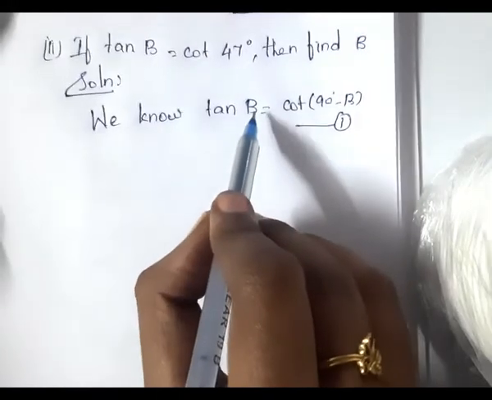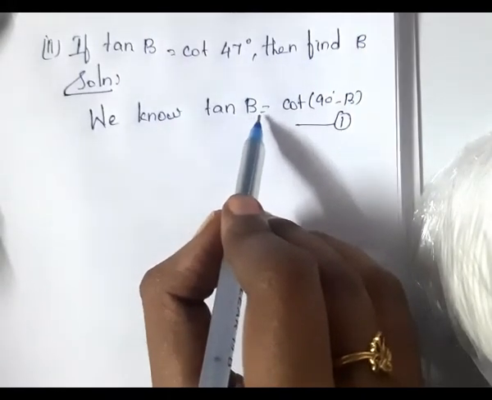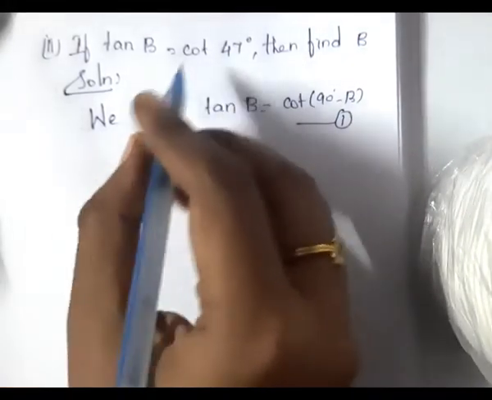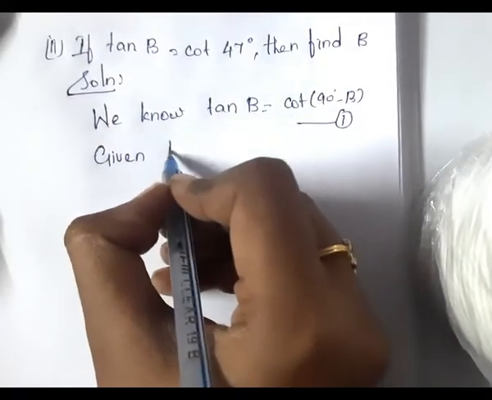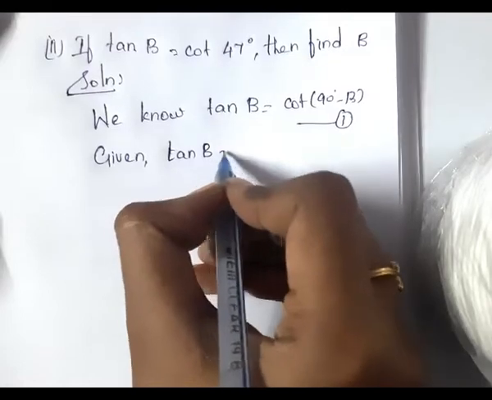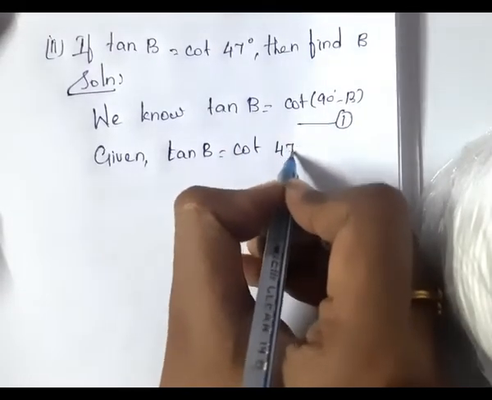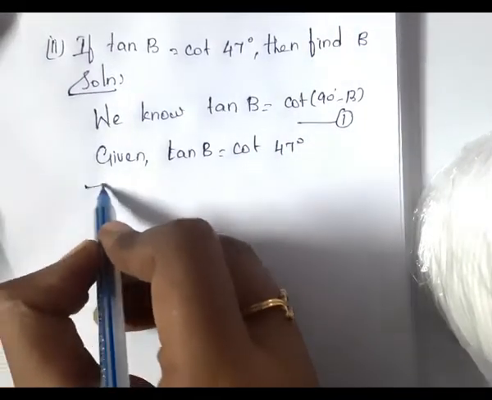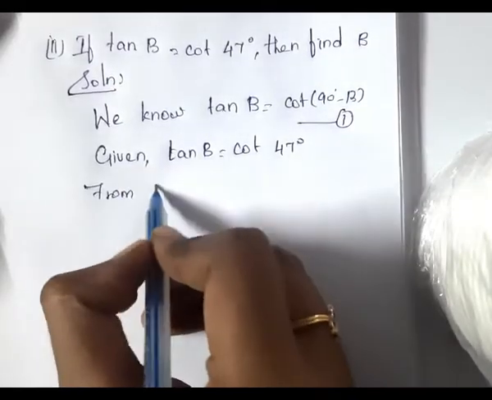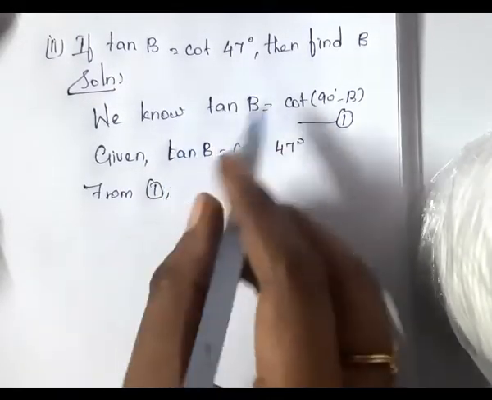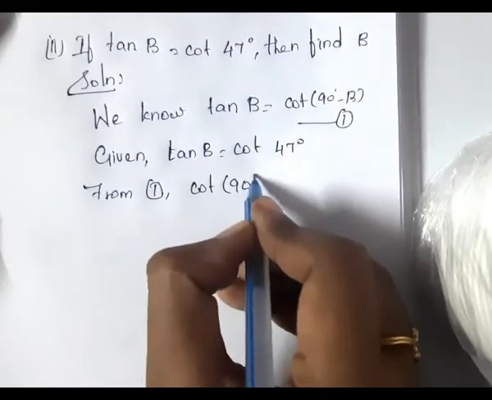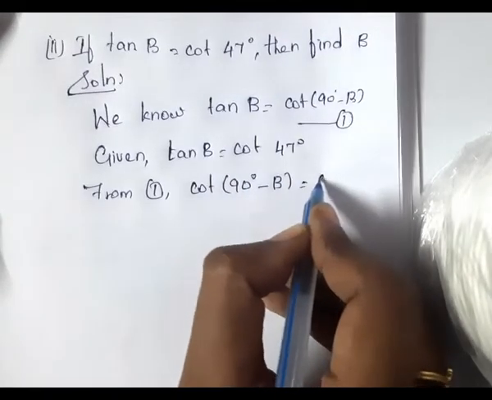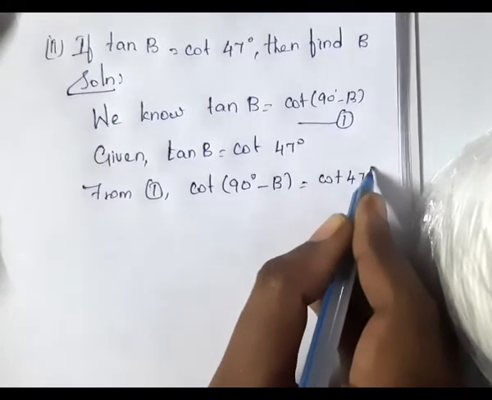So, in the place of theta, I put B. Then what is given there? Given tan B equal to cot 47 degree. So, from equation 1, apply the value of tan B here. Cot 90 degree minus B equal to cot 47 degree.